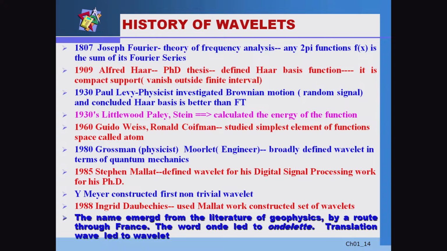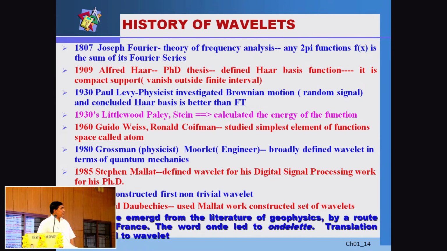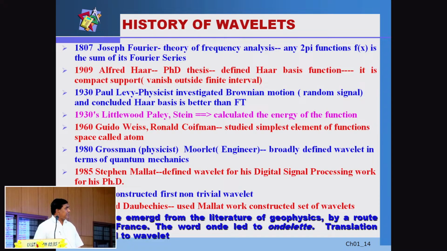In 1980, Grossmann, a physicist, and Morlet, an engineer, broadly defined wavelets in terms of quantum mechanics. In 1985, Stephane Mallat defined wavelets for his digital signal work for his PhD thesis. Meyer constructed the first non-trivial wavelet. In 1988, Ingrid Daubechies used Mallat's work to construct approximations.